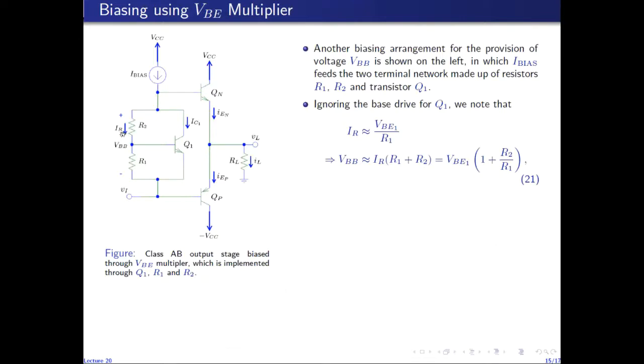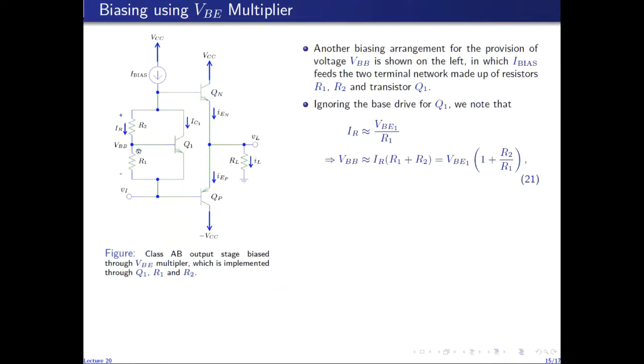So IR will flow through R2 and through R1. So R1 and R2 will be essentially in series. So IR times R1 plus R2 will give us the voltage of this node with respect to this node, which is VBB. So VBB is approximately IR times R1 plus R2, where IR in turn is the current flowing through R1 as well, under the assumption that there is no base current.